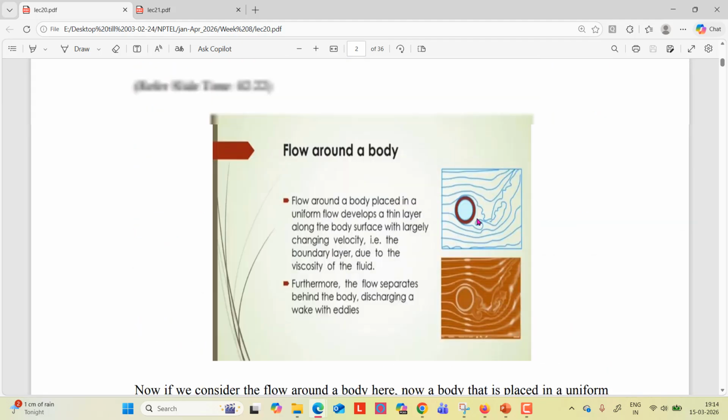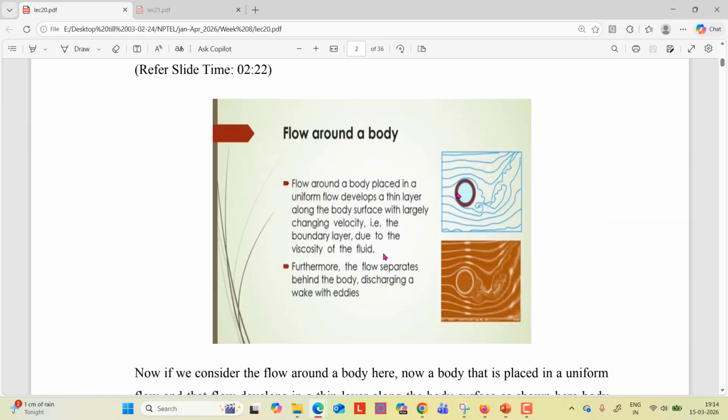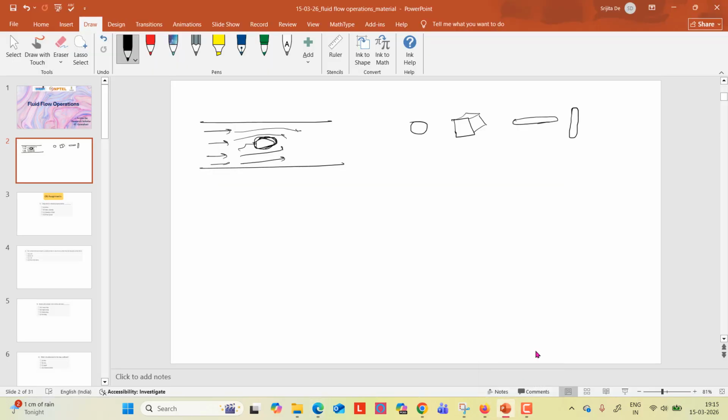First, it is showing that flow around a body placed in a uniform flow develops a thin layer along the body surface with largely changing velocities. That is the boundary layer, due to the viscosity of the fluid. We have learned about the boundary layer, right? So what happens when a spherical particle is there and flow is coming?